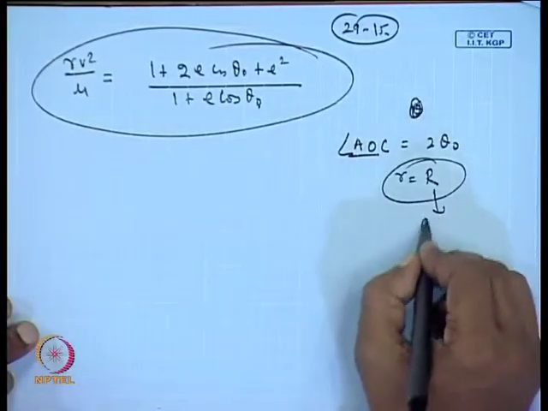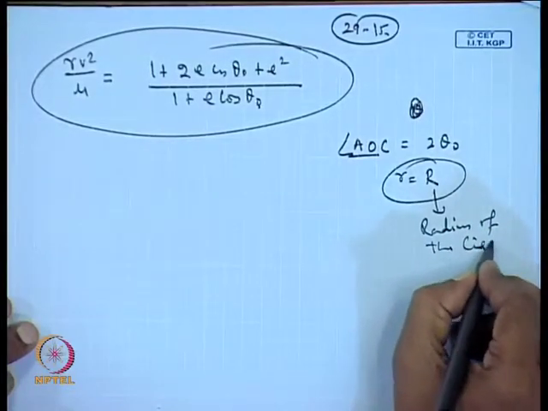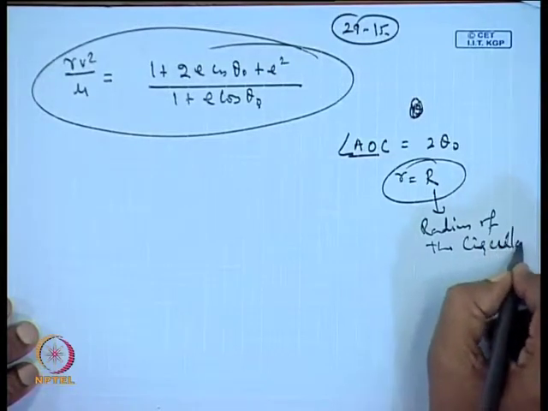So, this is the radius of the circle, or radius of the circular orbit.